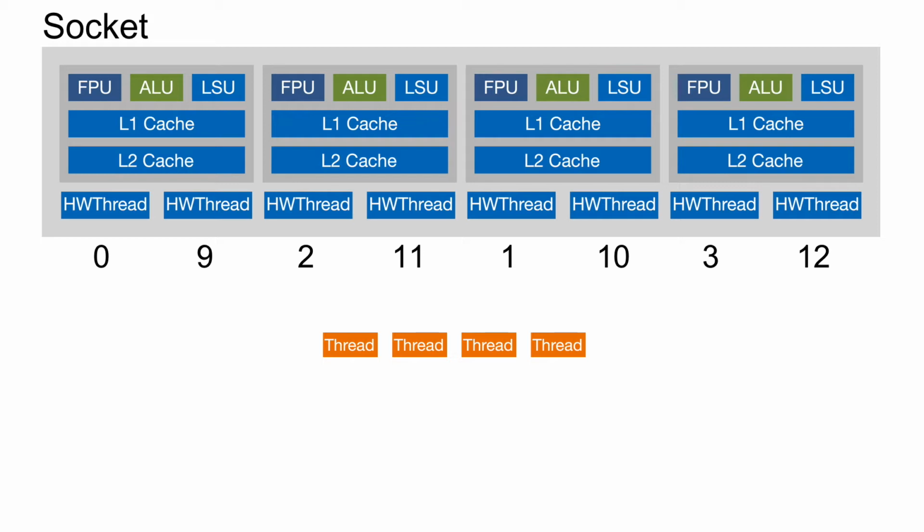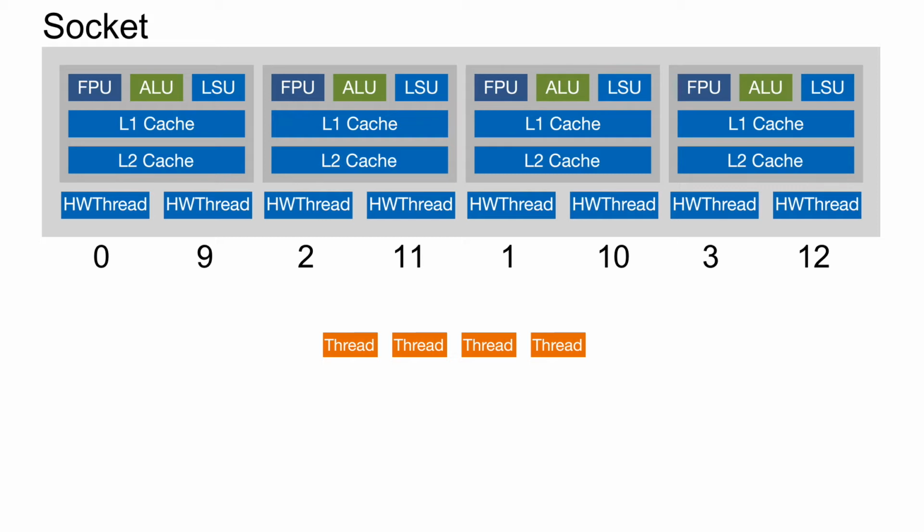To illustrate different cases, I have prepared a simplified example. We have a socket with 4 cores where every core exposes 2 hardware threads. The hardware threads are numbered by the operating system. While the numbering usually is not as random and arbitrary as in this example, it is not standardized and can be arbitrary.